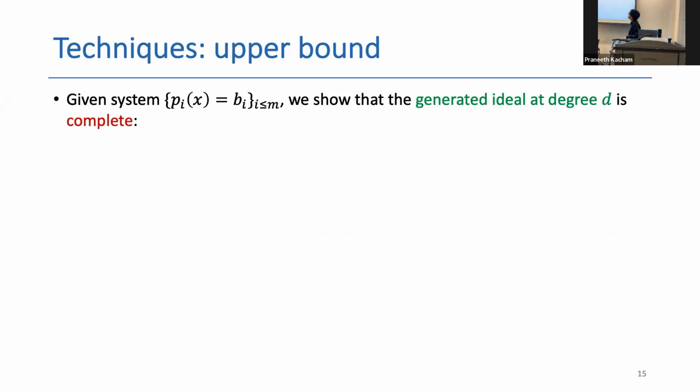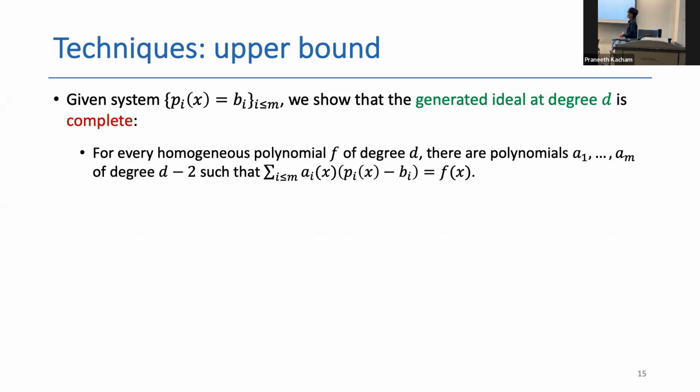Okay, back to our problem. Given system Pi of x equals Bi, we showed that the generated ideal at degree d is complete. What does this mean? This means that for every homogeneous polynomial f of degree d, there are coefficients a1 to am, all degree d-2 polynomials, such that this linear combination of Pi minus Bi equals f.